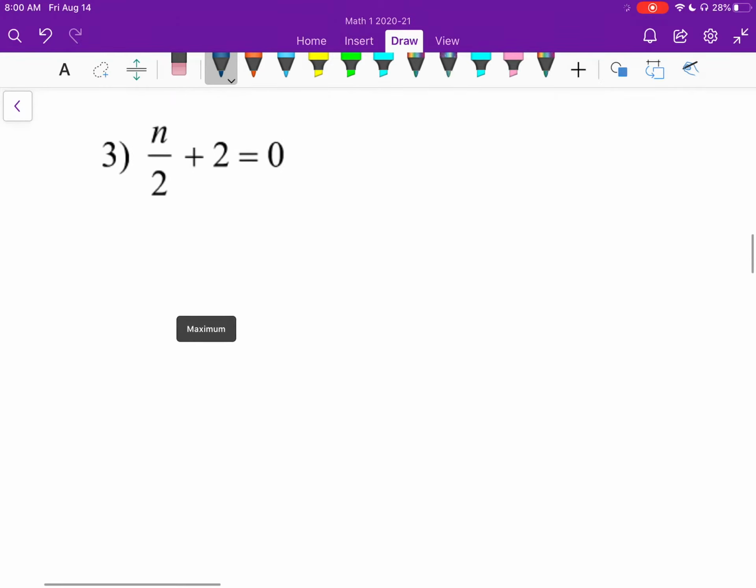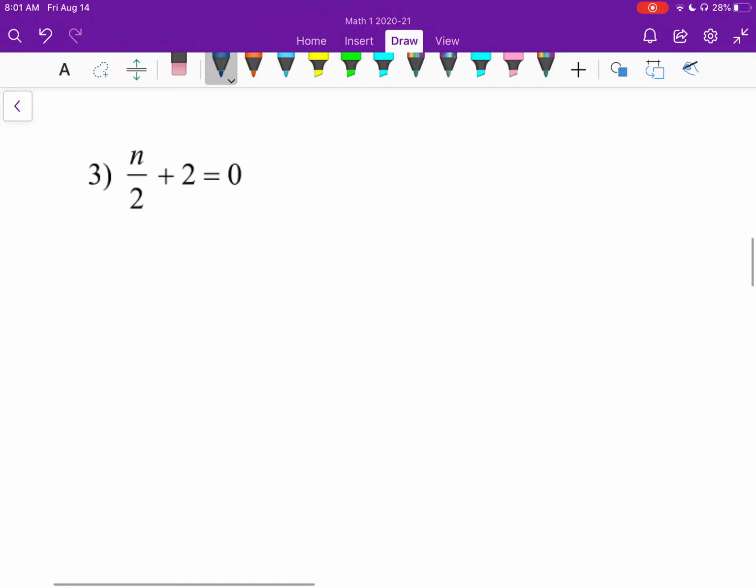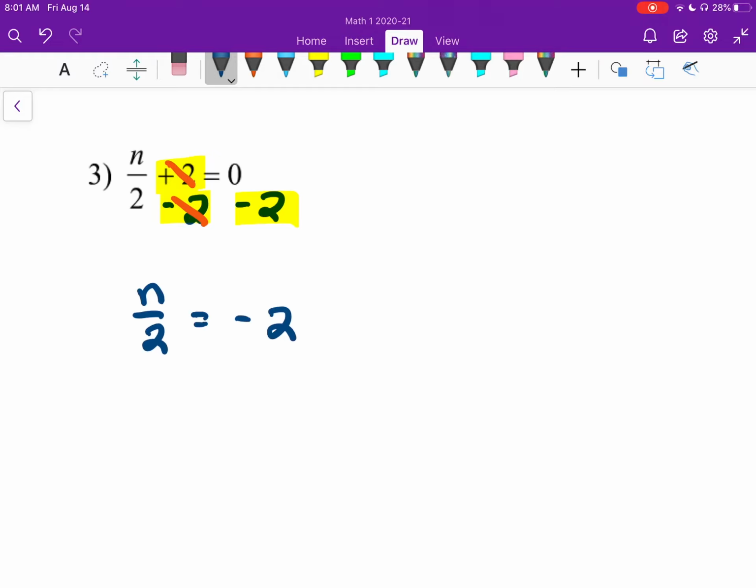Okay, number 3. To start off, just like in number 2, I'm going to subtract 2 from both sides, right? I'm using this +2 to decide that I need to subtract from both sides. The +2 and the -2 there cancel, and I'm left with n over 2 equals -2, because I have 0 minus 2 gives me -2.